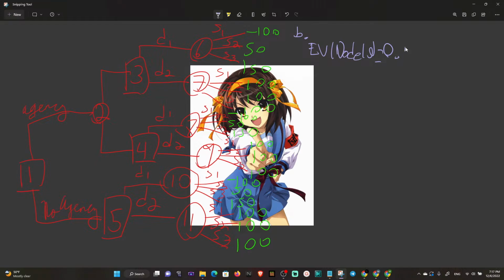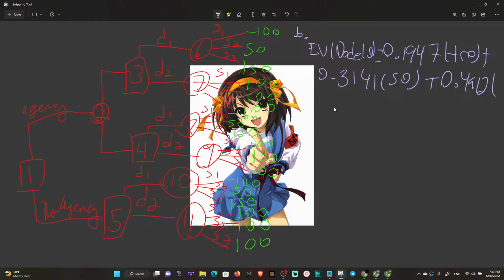So 0.1947 multiplied by negative 100, plus 0.3141 times 50, plus 0.4912 times 150, and that is equal to 69.915. And then after all of that, we have to do it for EV of node 11.